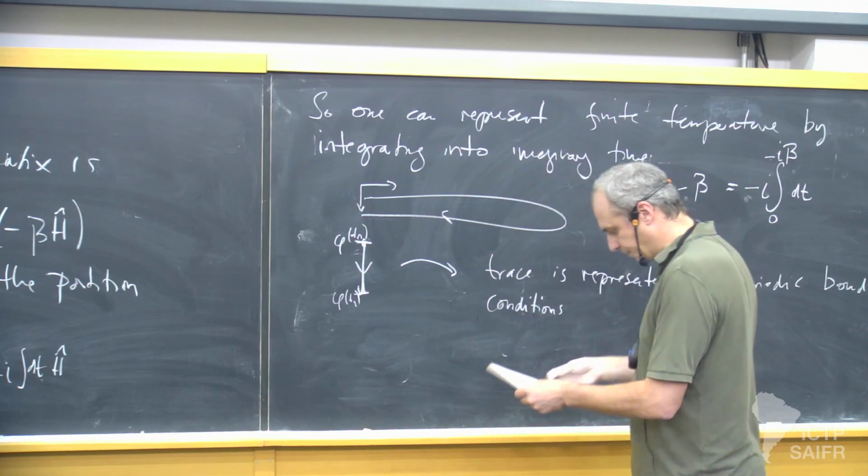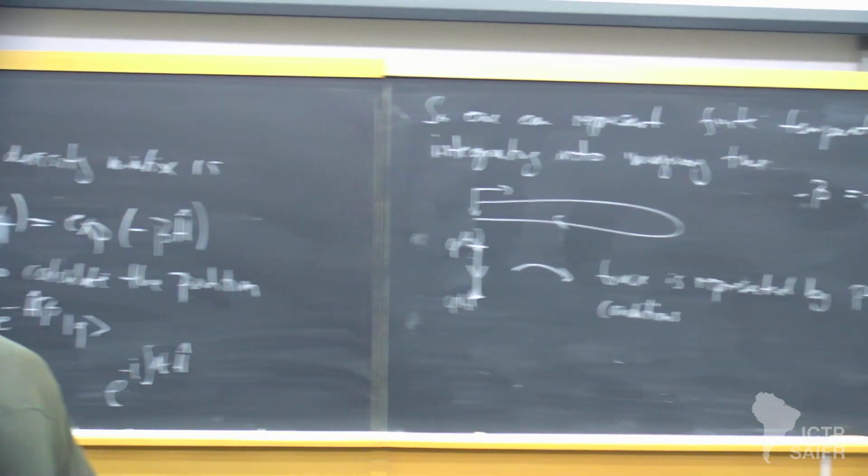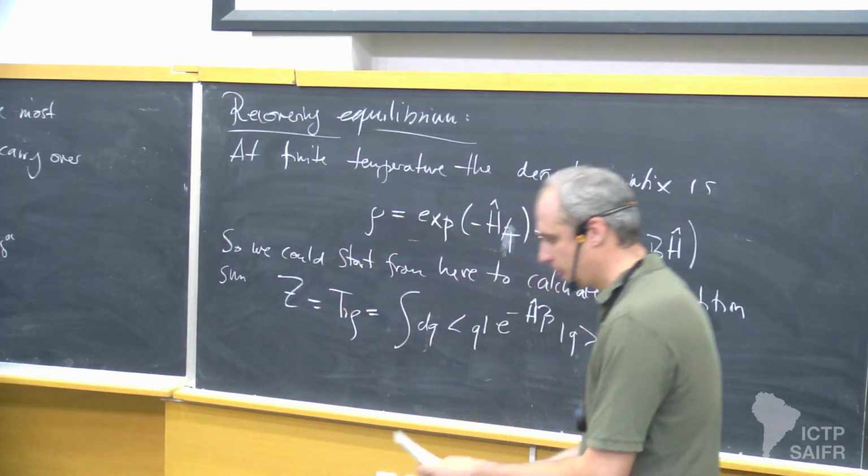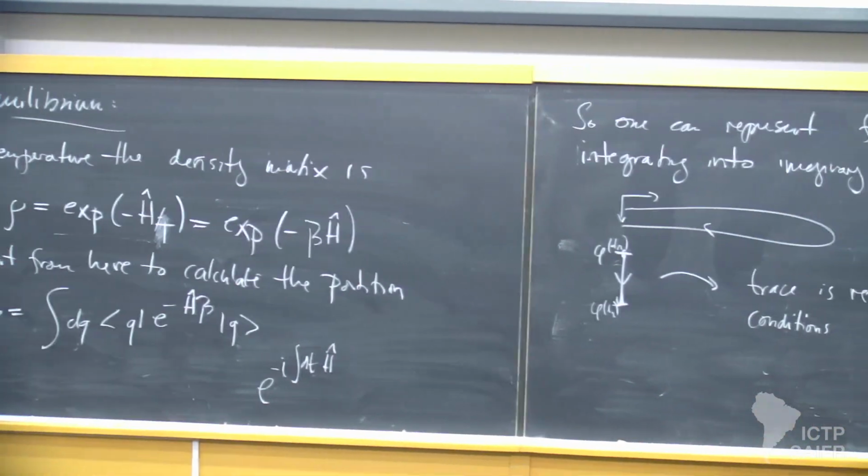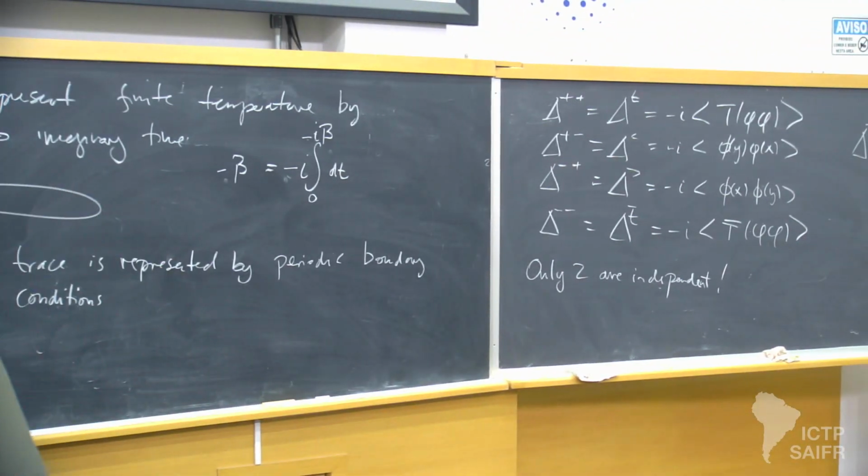Okay, or if you do it now for the two-point function, this is the so-called Kubo-Martin-Schwinger relation.